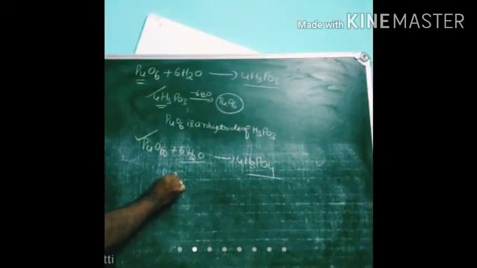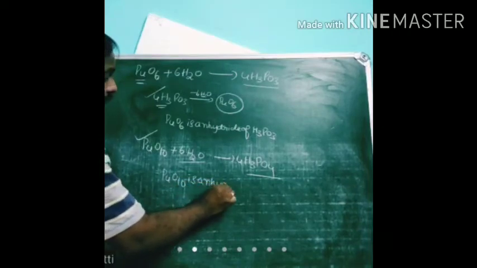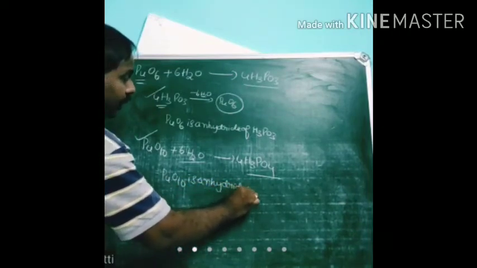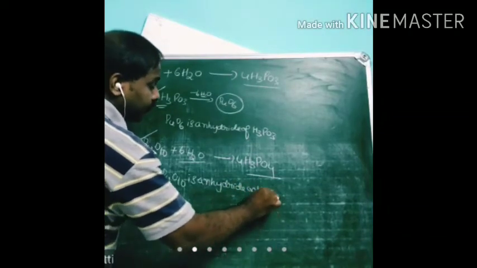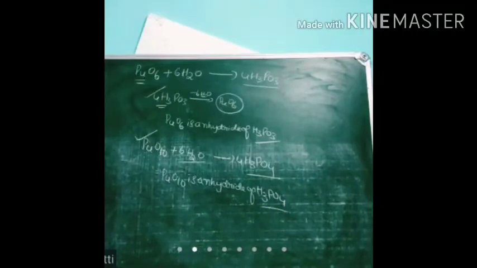So P4O10 is the anhydride of H3PO4. These are called oxy acids. In next coming classes, we'll discuss those oxy acids of phosphorus. So that is about white phosphorus.